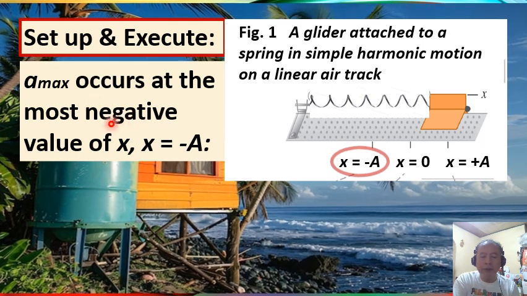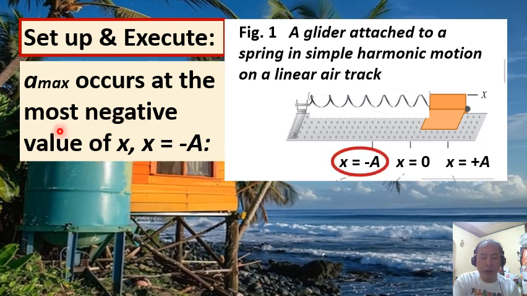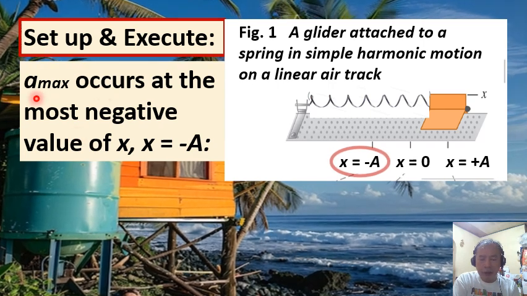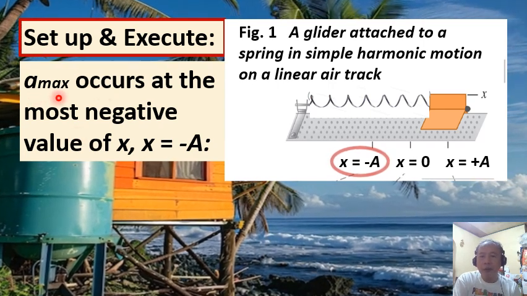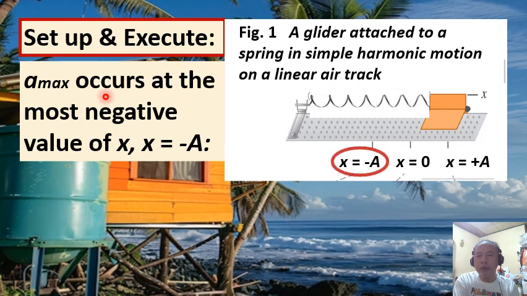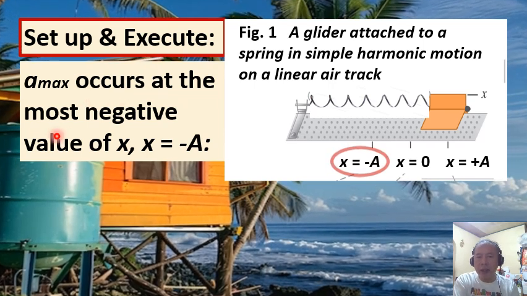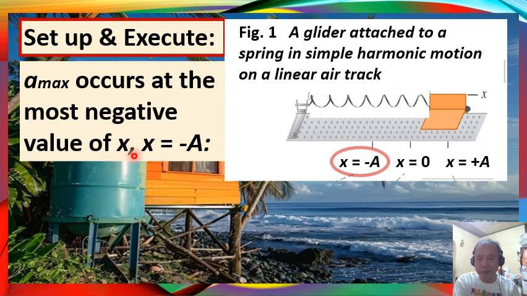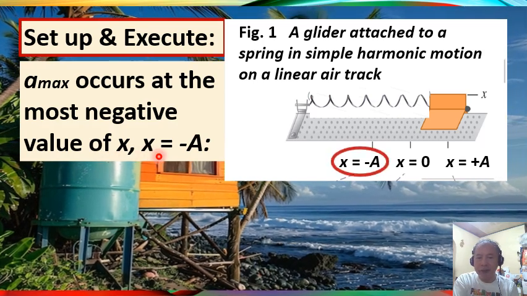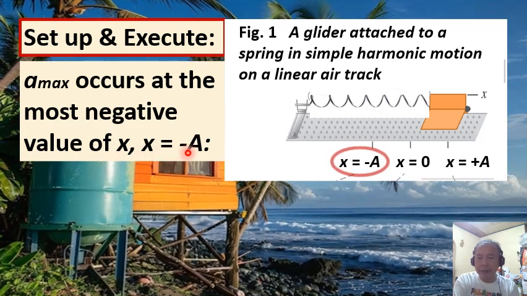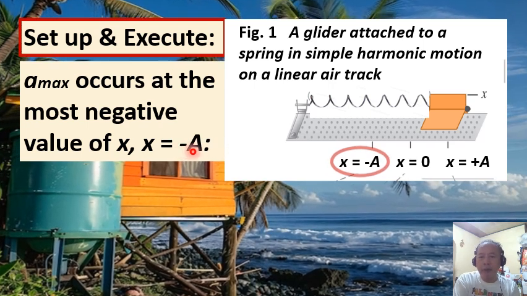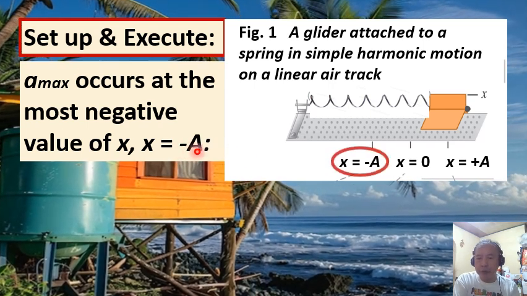In finding the maximum acceleration of the glider, we must realize that maximum acceleration of a body in simple harmonic motion occurs at the most negative value of x, or displacement. All right, that is x equals negative A, or the negative of the amplitude.